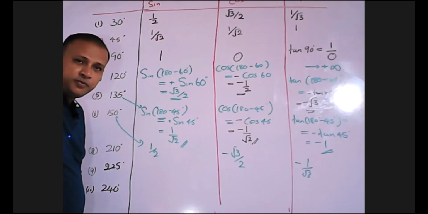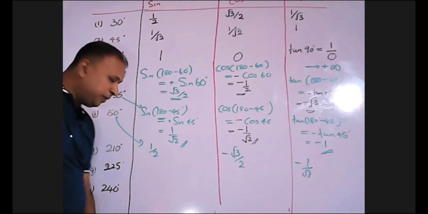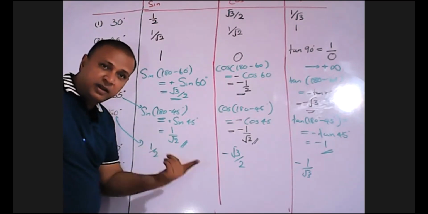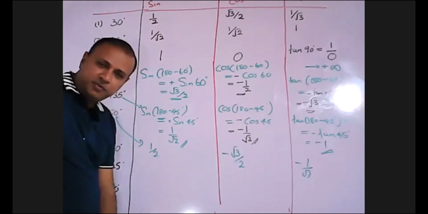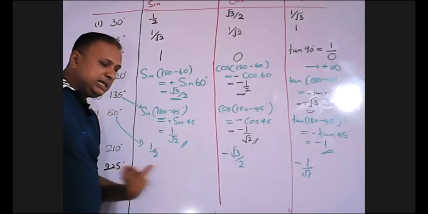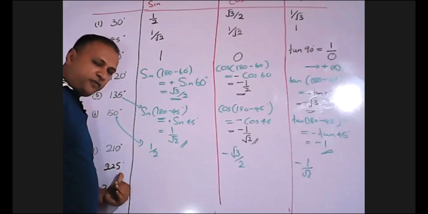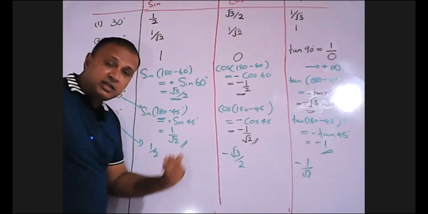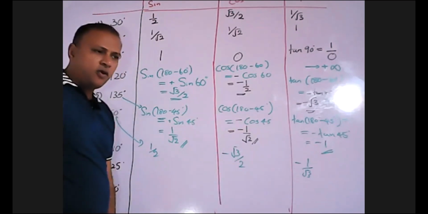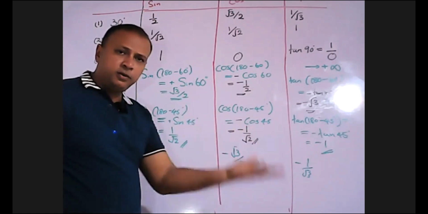The trigonometric values of 225 are equal to the trigonometric values of 45. 225 can be written as 180 plus 45. Therefore, sin of 180 plus 45 is equal to sin 45.